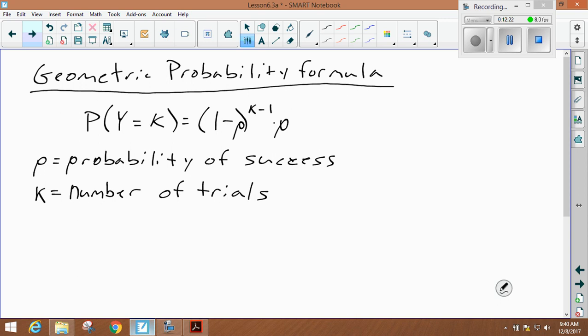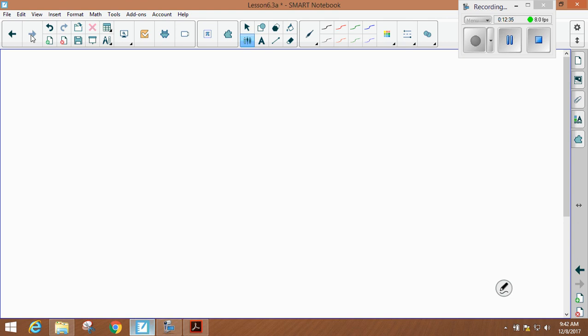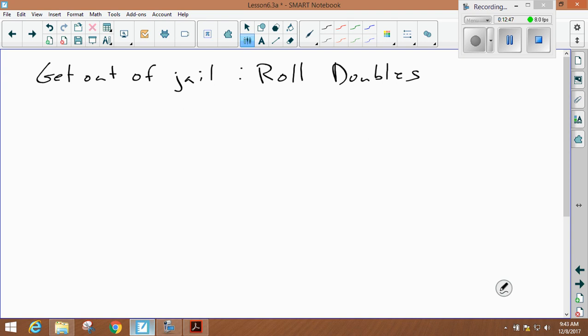And we'll actually work something right here. Let's look at Monopoly. All right, so to get out of jail in Monopoly, what do you got to do? Roll doubles. Don't you have to roll it in the first 3 chances, right?